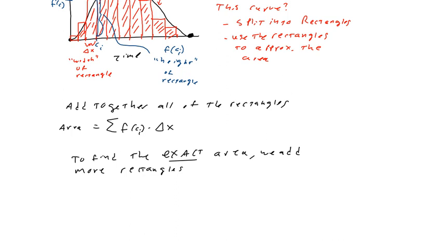We shrink the width down until when, do you think, everyone? Until that width becomes 0. We make more and more rectangles, smaller and smaller, until the width of those rectangles becomes 0. And once it's 0, we have an infinite number of rectangles. We have exactly the area under the curve. Add more rectangles until delta x reaches 0.